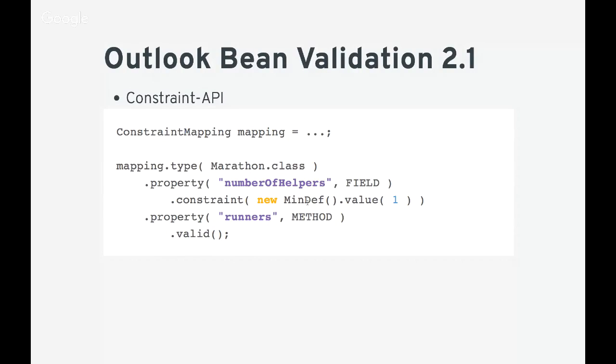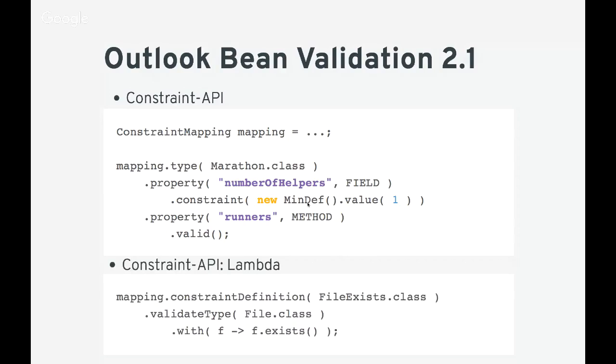Currently what we have is annotations and XML, which are both rather static. But Hibernate Validator already provides an API which allows you to define constraints dynamically using this Fluent API. So you navigate to a type, and then you navigate to a property, you put those constraints, and so on and so on. This could be something interesting to be added to Bean Validation 2.1.